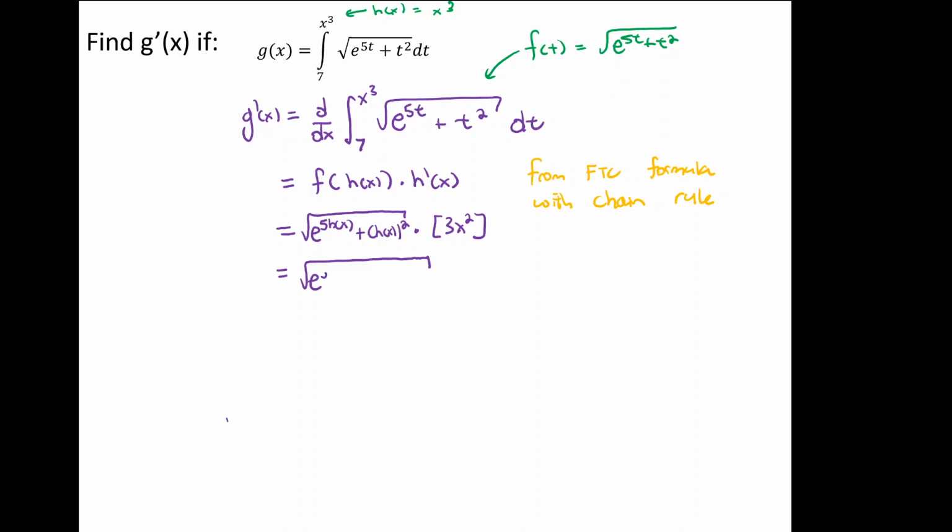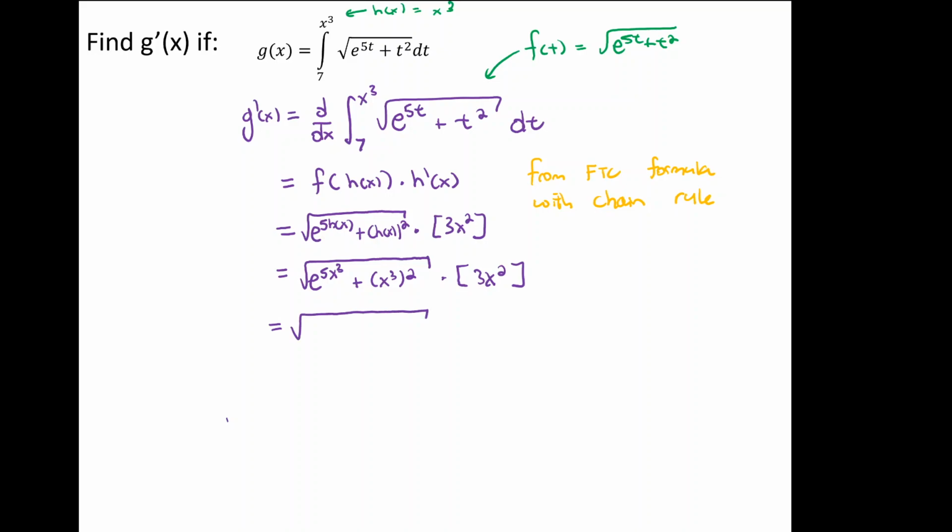We have e to the 5 x cubed plus x cubed all squared times 3x squared. And then use exponent laws to simplify x to the 3 all to the 2.